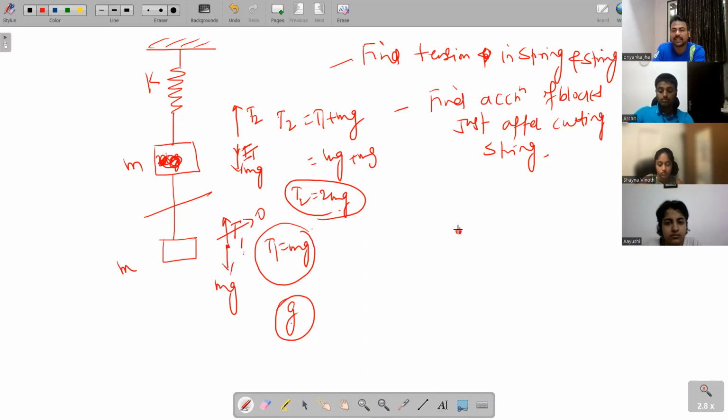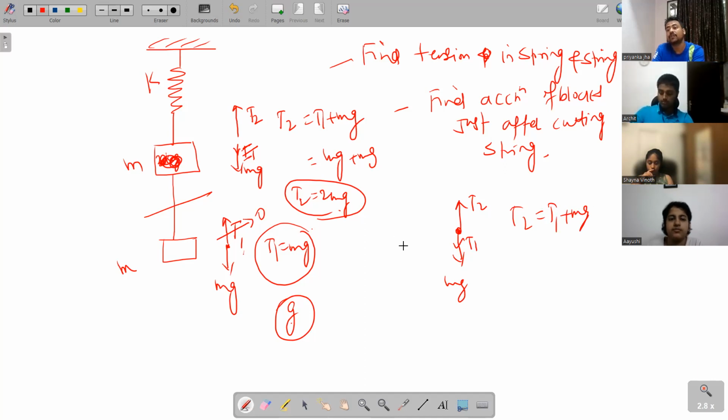Initially you can see that on this body, T2 was acting upward and mg was acting downward, and also there was one more force, that was T1. Because it was in equilibrium, T2 equals T1 plus mg. Now you can see that the string is cut, so this will become 0. Force acting downward will be less, so net force would be upward.